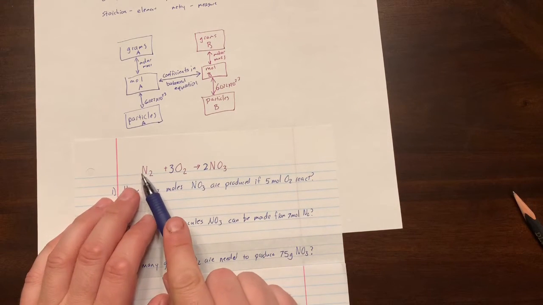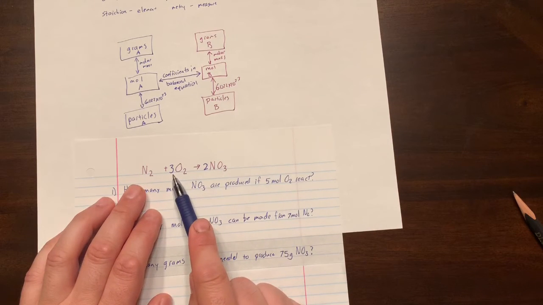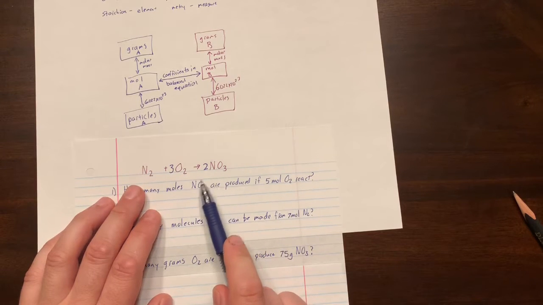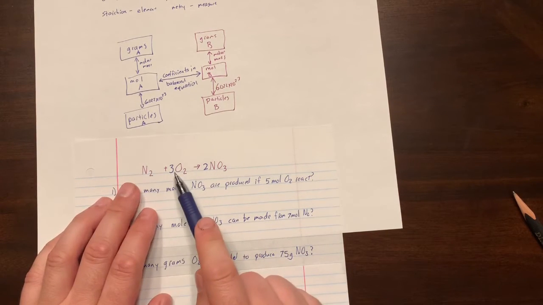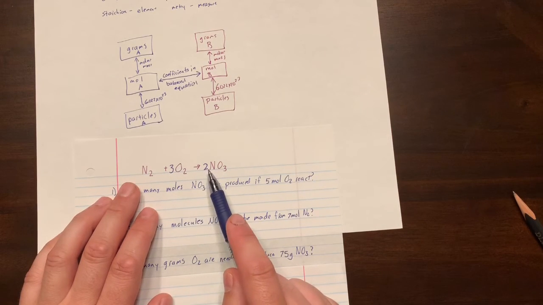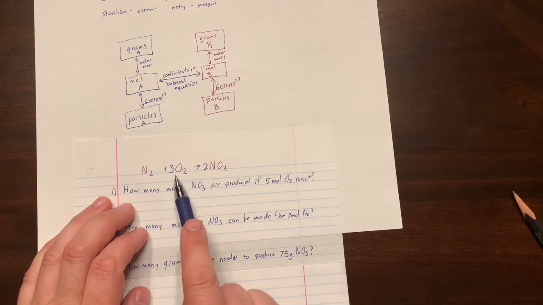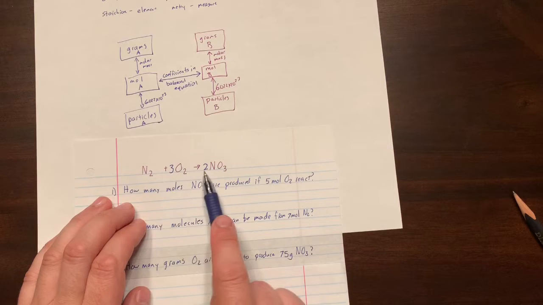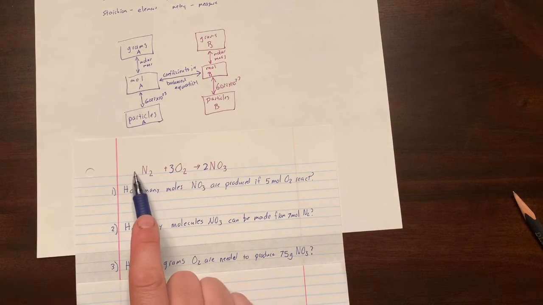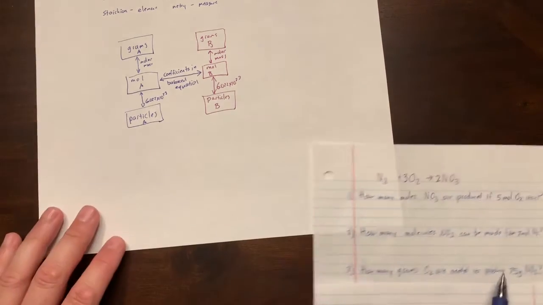Or if you had 2 moles of nitrogen, you would need twice as much, or 6 moles of oxygen, and you would make 4 moles of NO3. Or if you had half a mole of nitrogen, you would need 1.5 moles of oxygen, and you'd make 1 mole of NO3. In other words, these react in a 1 to 3 to 2 ratio. That's called the stoichiometric relationship. So we're using coefficients as mole ratios.